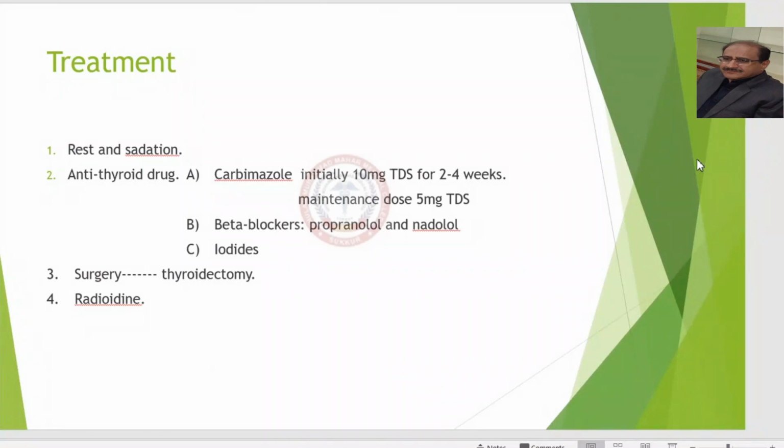The patient has to take the thyroxine tablet for the whole life because there is no thyroid tissue, so no thyroid hormones are secreted by the patient. So we have to keep the patient on long life thyroid hormone supplementation.